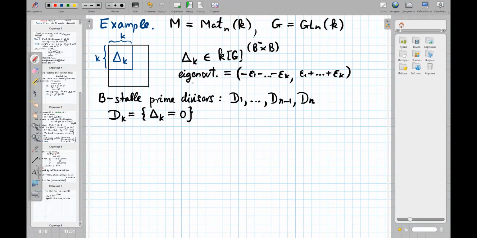And the complementary divisors are these D's. So the first n minus 1 of these D's are the colors. And Dn is a G-stable prime divisor. It is just the set of all degenerate matrices, a G-stable prime divisor.